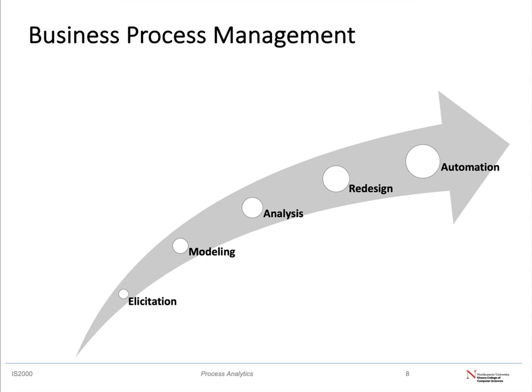You can look to see if there's maybe redundancy, if there are activities which take much longer than they should or need to, whether there is an area where you can automate certain activities that are being done manually now. You analyze, you figure out where you have weaknesses, you redesign the process. And then, hopefully, ultimately, as you redesign it, you identify portions or perhaps entire processes which can be fully automated.